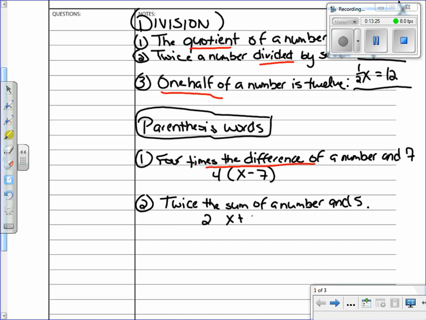A number and 5 means x plus 5. The only way we're going to be able to multiply that by 2 is if we put it in parentheses. So when you've got the difference of or you've got the sum of in the middle, that's when you're going to have to use parentheses.